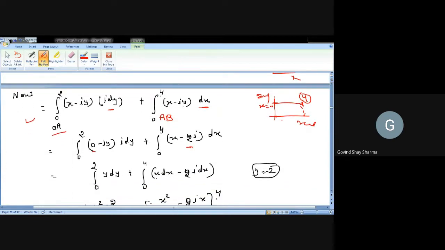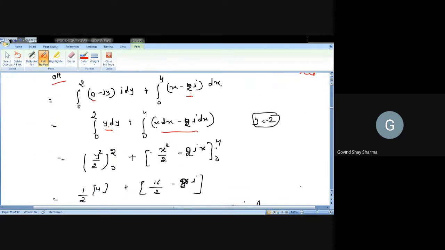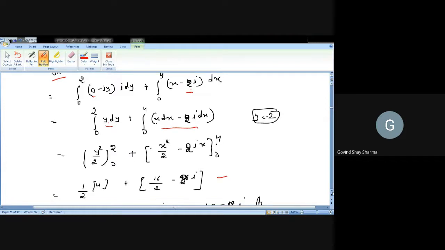Now i multiplied with minus 1, so the minus converts to positive, y is 0 to 4, and in place of y we put 2. Now we integrate y squared by 2, x squared by 2 minus 2i dx. After putting the limits we get the result.